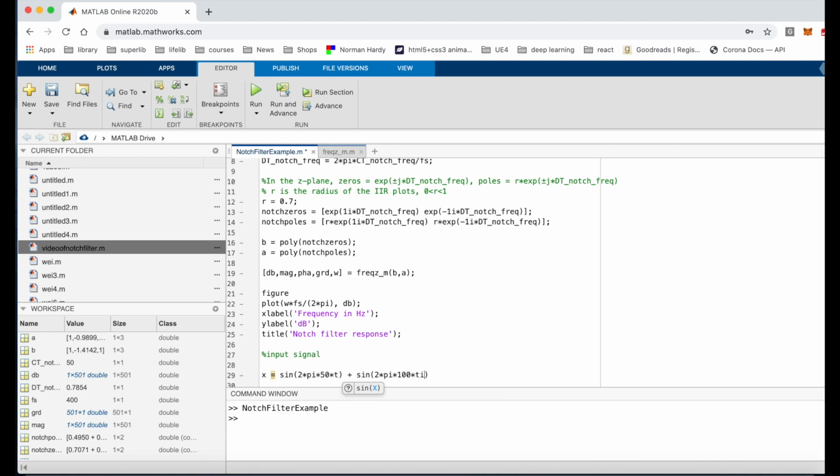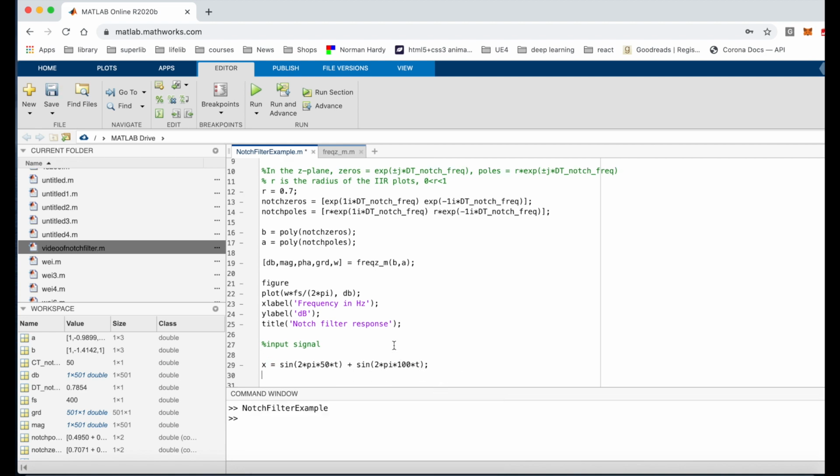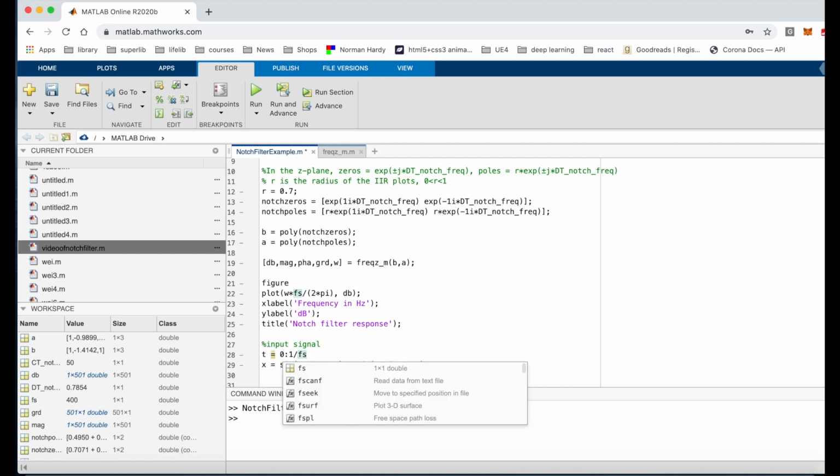The first signal is 50 Hz and the second signal is 100 Hz. The t value should have a range. It's from 0 to 1, and the steps will be 1 divided by fs.